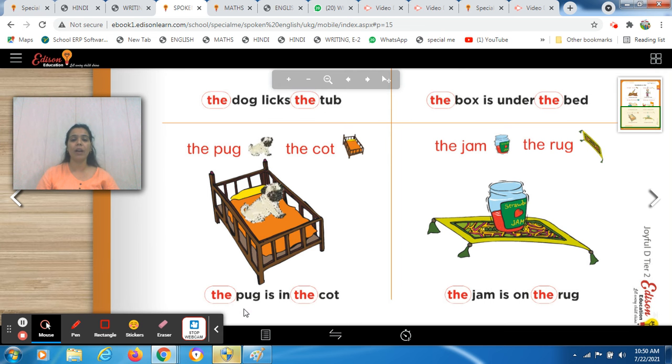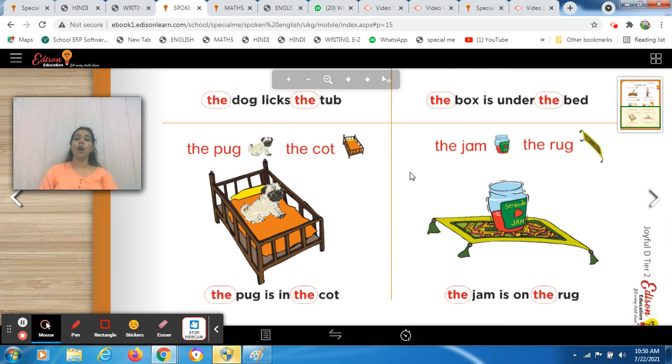Yes, very good. Where is the pug? The pug is inside the cot. Right, now in the same way you have to make this sentence also. The jam, the rug. Now you will see where is the jam: on the rug. So you will make the sentence like the jam is on the rug. See, it's so simple, right?